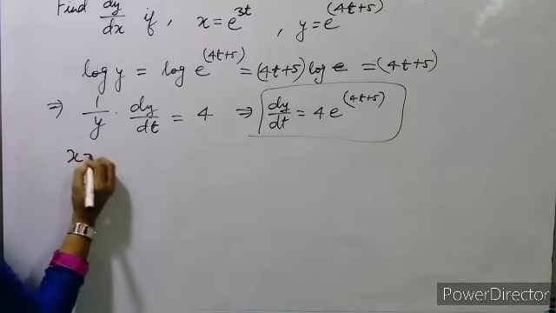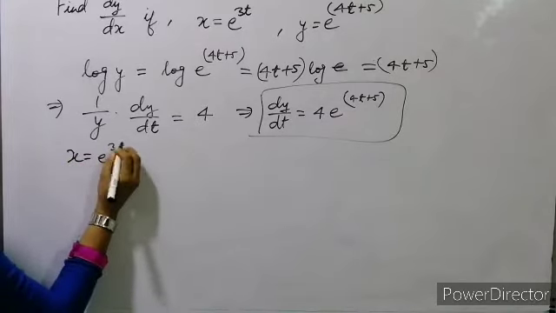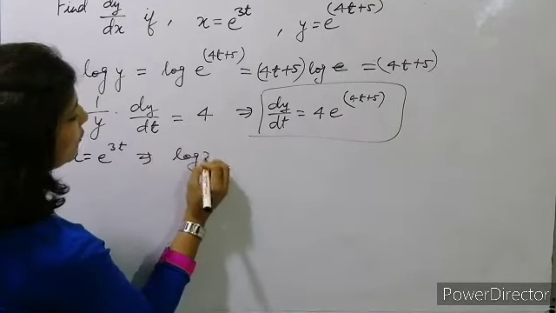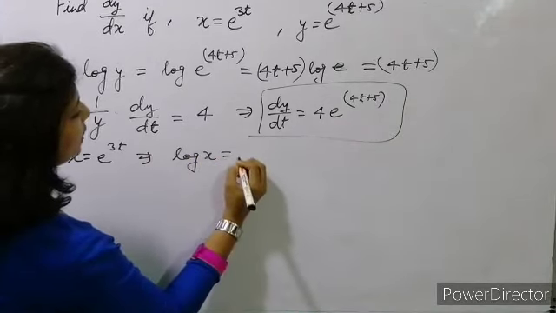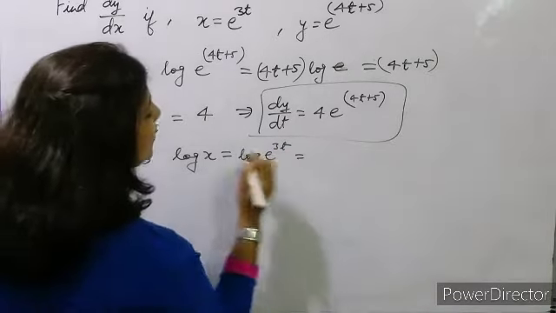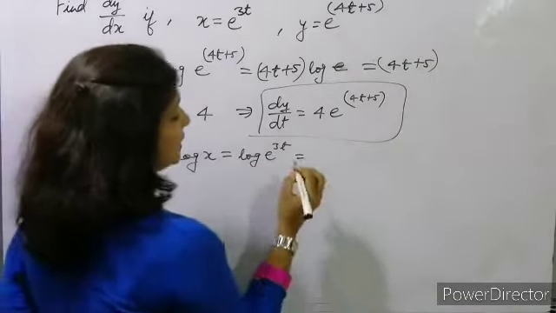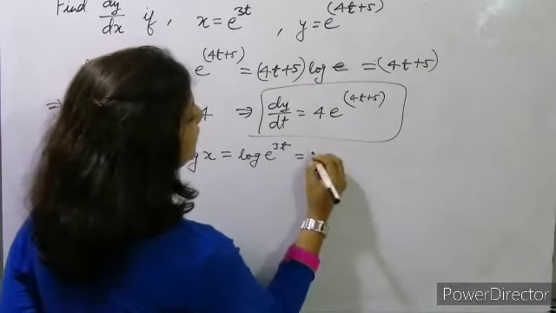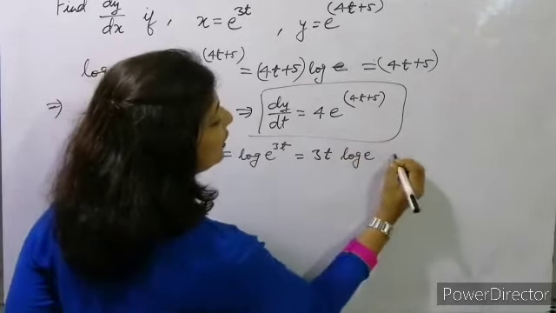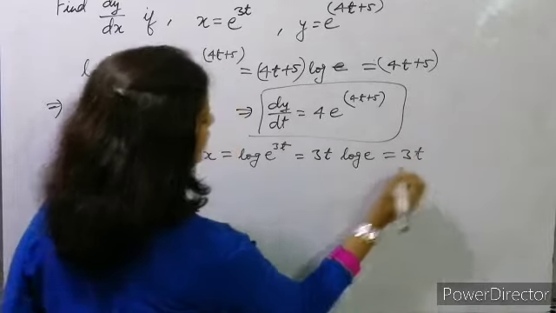Okay, so x का value is e to the power 3t. So by applying log both the sides, it will be log of x is equal to log of e to the power 3t. Now by using the basic law of logarithm, it will be 3t log e, and as we know that log e is equal to 1, so it will be 3t.